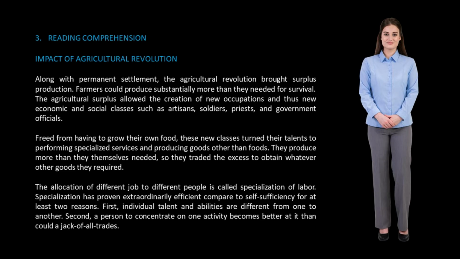Specialization has proven extraordinarily efficient compared to self-sufficiency for at least two reasons. First, individual talents and abilities are different from one to another. Second, a person who concentrates on one activity becomes better at it than could a jack of all trades.